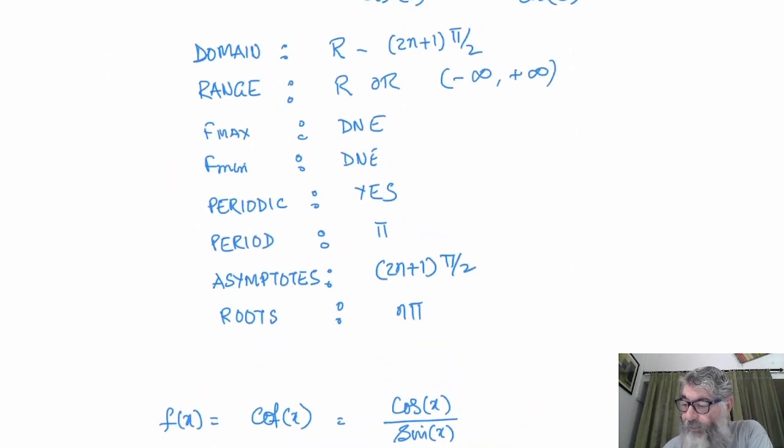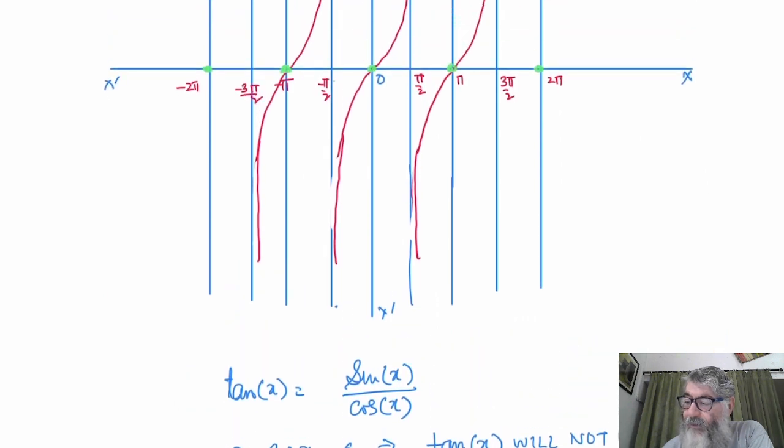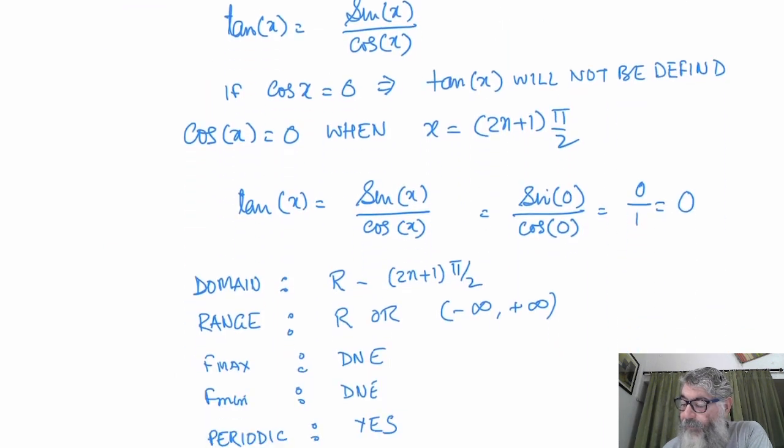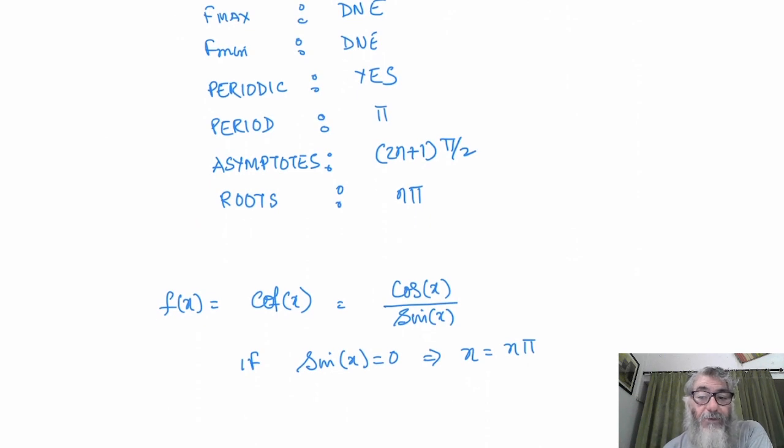Please notice here. At 0, at pi, at 2 pi, at minus pi, at minus 2 pi, sine is 0. Sine of n pi is always 0. So sine is 0 at these points, and cot x will not be defined.